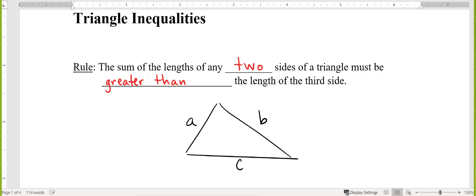So if you add any two sides of the triangle up, it has to be bigger than the length of the third side.